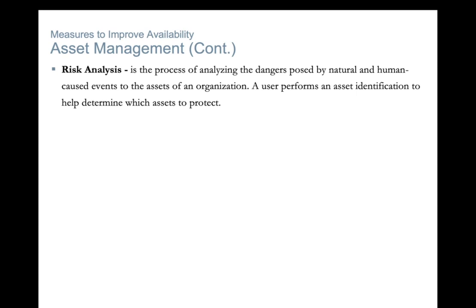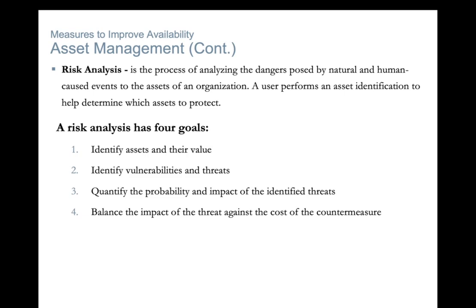A user performs an asset identification to help determine which assets to protect. A risk analysis has four goals. First, identify assets and their cost or their value. The second goal is to identify the vulnerabilities. Is there any vulnerability on those assets?